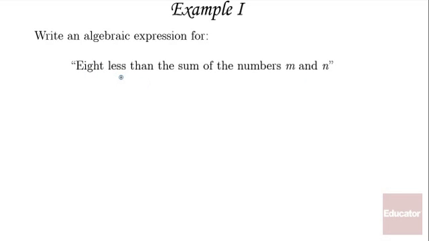Well, less than indicates subtraction. The temptation, though, is to write 8 minus, but that is incorrect. What this is saying is that I'm taking whatever comes after and I'm subtracting 8 from that.